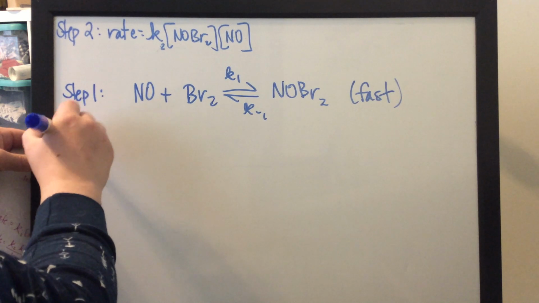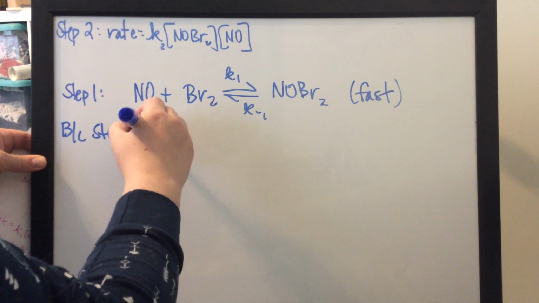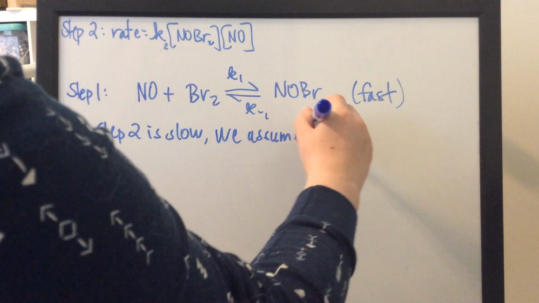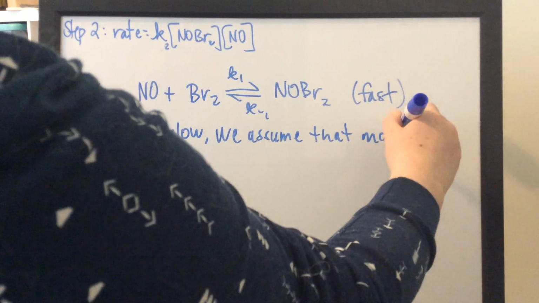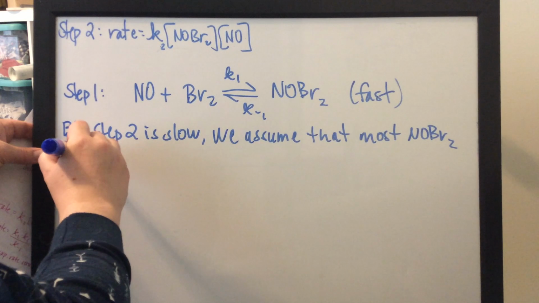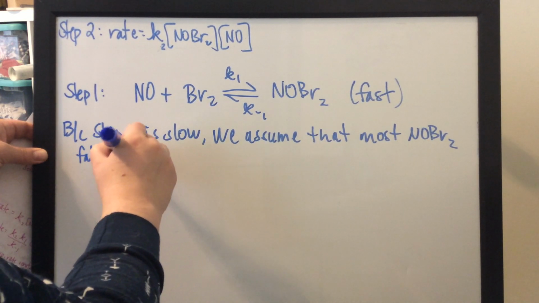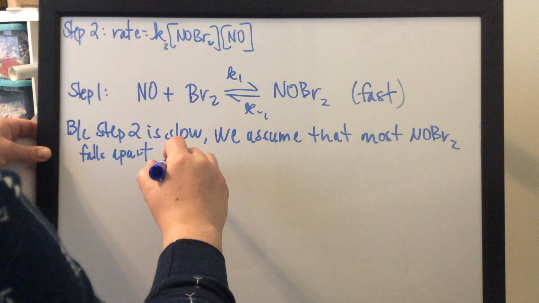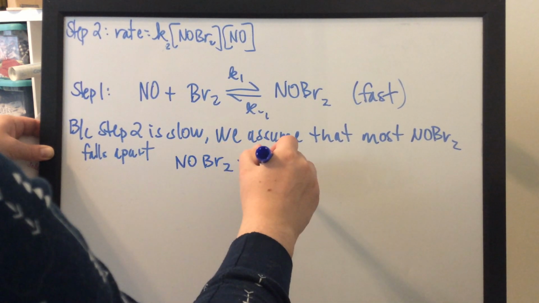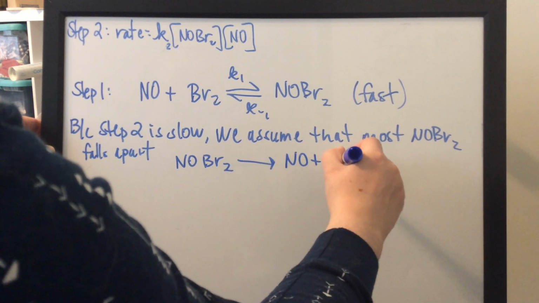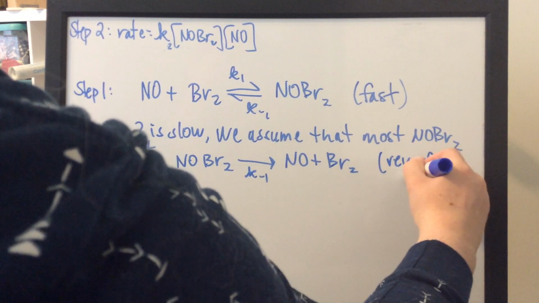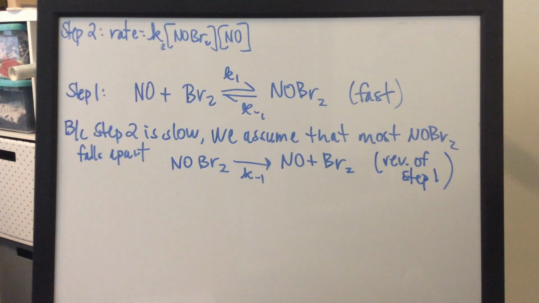So, because step 2 is slow, we're going to make an assumption that most of it falls apart. Okay, as it's waiting, so to speak, which means that the NOBr2 would form this, which is the reverse of step 1.